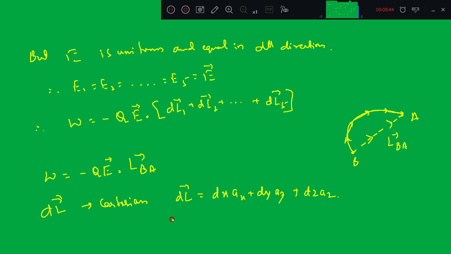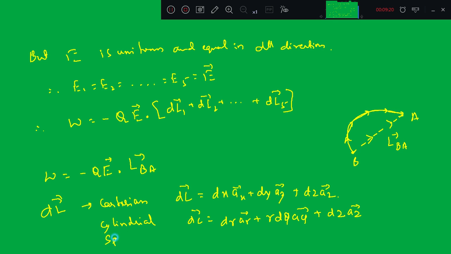So this will be the dl component. If you consider the cylindrical plane, the dl will vary as dr into ar plus r d phi into a phi plus dz into az. These are all vector components. So this is for cylindrical.